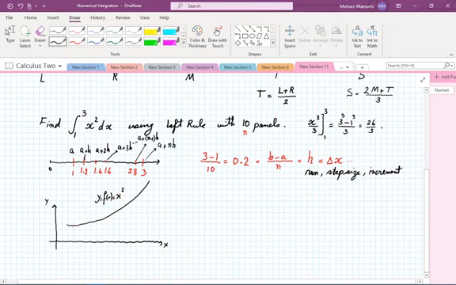I need the height because I need the height of the parabola. At the 1, my height is 1 squared. Let me exaggerate the distance, 1.2. At 1.2, my height is 1.2 squared. At 1.4, my height is 1.4 squared. So whatever numbers I have here, I have to plug it in my function, figure out what the heights are going to be for each of these rectangles.